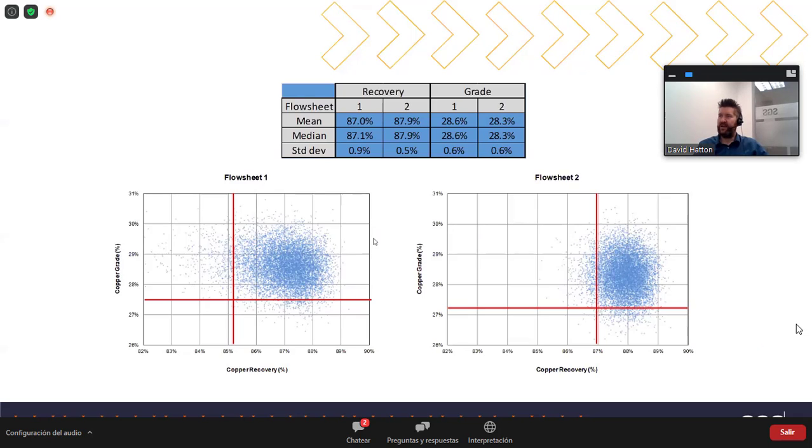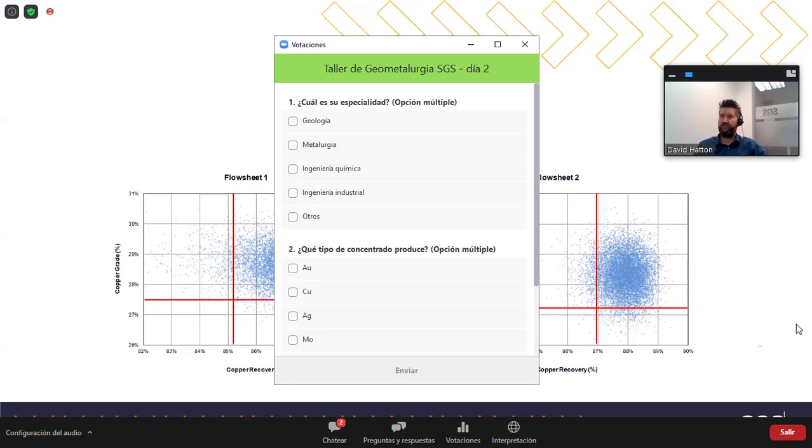And again, you can see that flow sheet 2, not only was it getting better overall performance, but it was getting less sensitivity, less downside risk, and a lower standard deviation. So originally, it seemed like a risky choice, but in the end, it was a far safer choice, mainly because it could mitigate that risk when you have a high amount of copper in your ore.